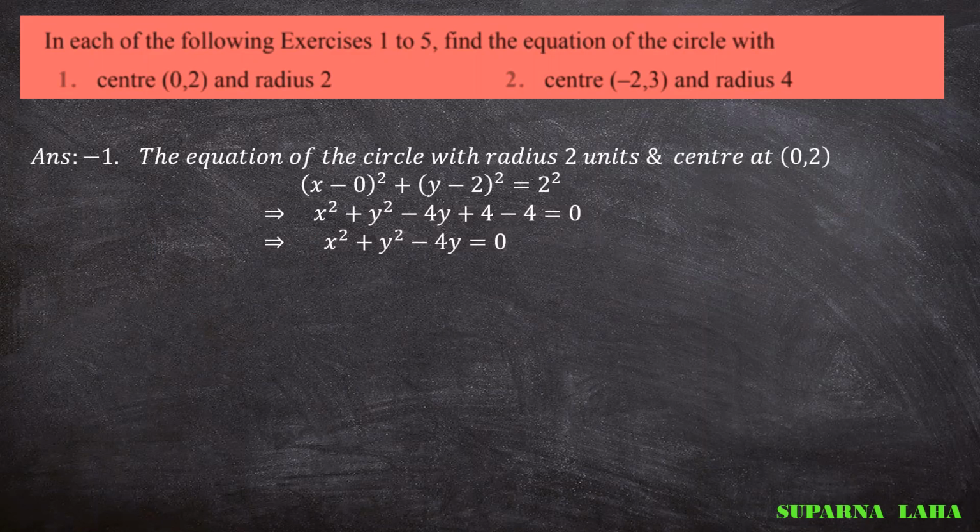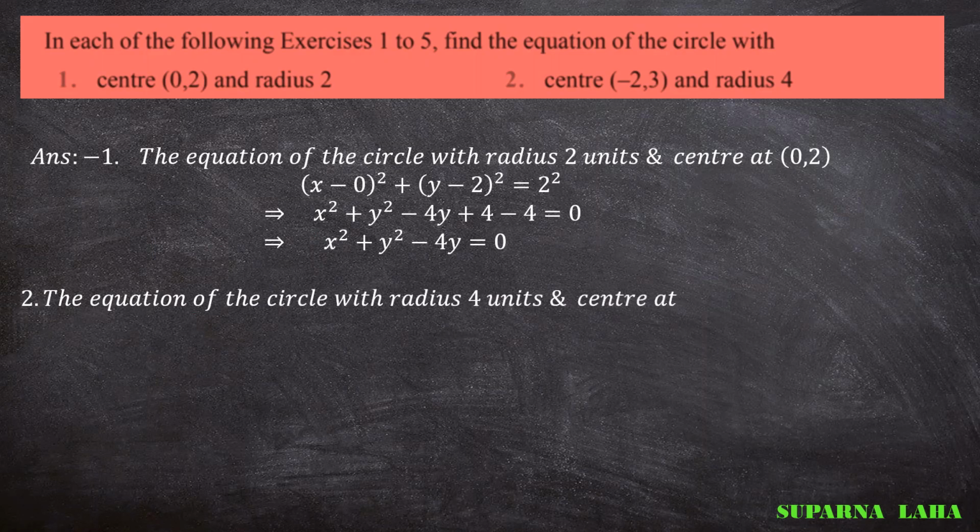Clear? Now next one. Center is (minus 2, 3) and the radius is 4. So (x minus alpha) the whole square plus (y minus beta) the whole square. So x minus of minus 2, that is (x plus 2) the whole square plus (y minus 3) the whole square is equal to 4 square.